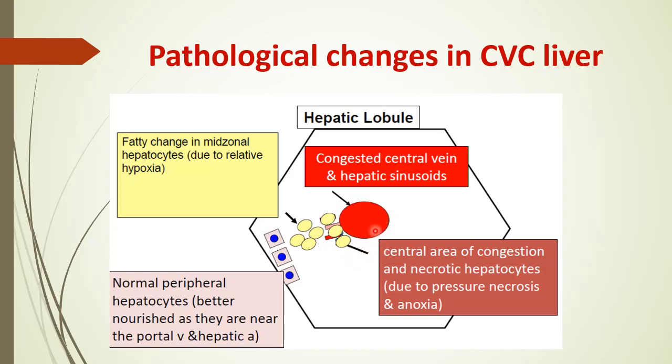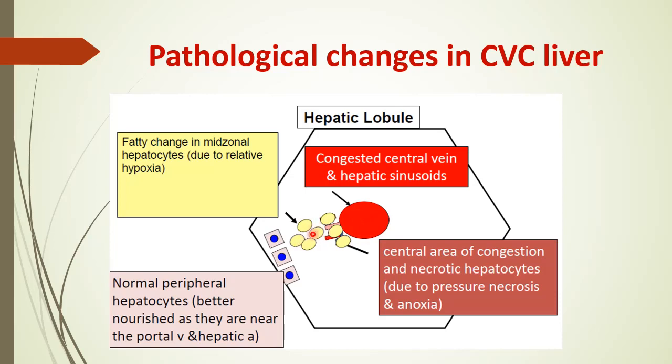First of all, the central vein becomes congested together with the hepatic sinusoids. The first zone, the zone of hepatocytes around the central vein, shows necrotic hepatocytes. The centrilobular hepatocytes show necrosis. This is due to pressure necrosis and anoxia from the congested central vein and sinusoids.